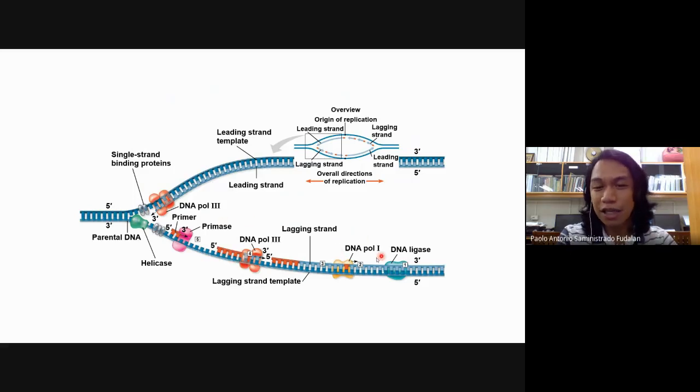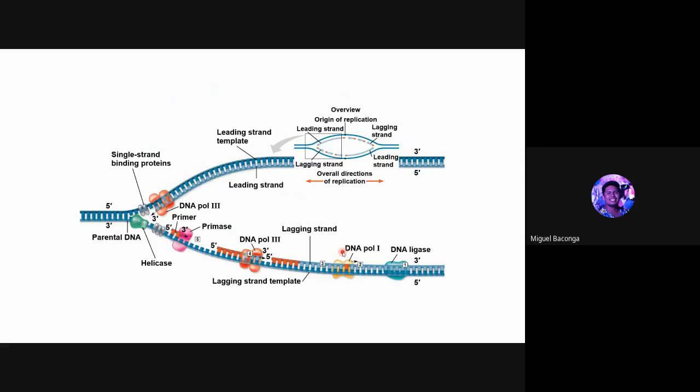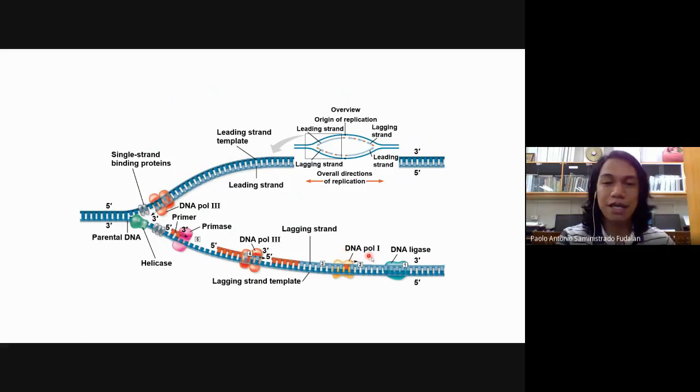What is the work of DNA polymerase 1? What is the work left for DNA polymerase 1? Replication, sir. DNA replication. Yes, both of them. All of this is DNA replication.